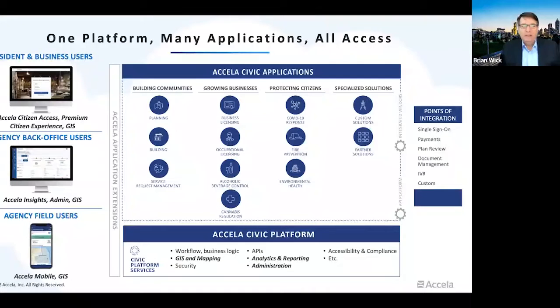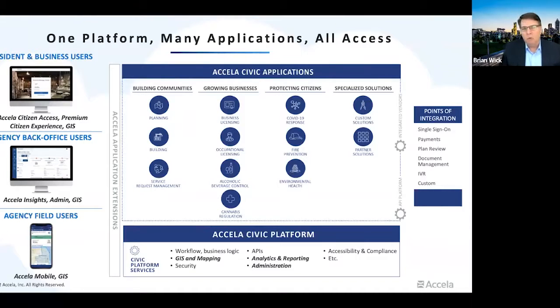So we're going to be talking a lot about the Accela platform and products, and it often helps to do a bit of a recap as to how they are packaged and how they are structured. If we start on the left, we talk about our user interfaces first. The first one on the upper left is our resident and business users interface.